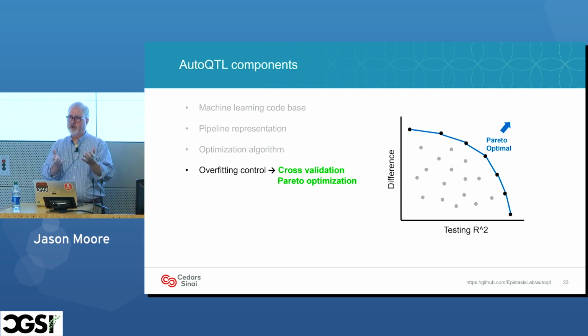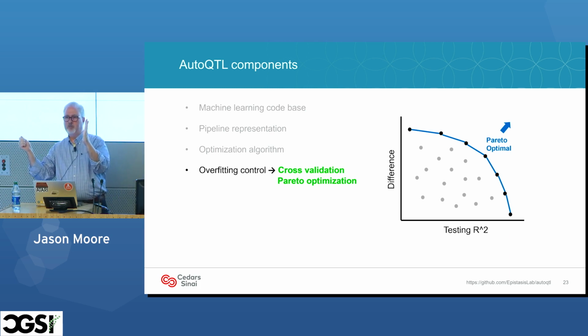So if you're overfitting on the training data and have a high R squared, and you're learning the noise in the data, it's not going to generalize to the testing data that you've held out, and that R squared should be much lower. And so that training testing difference is a good measure of how much your algorithm is overfitting. And so in Pareto optimization, we're balancing those two things.